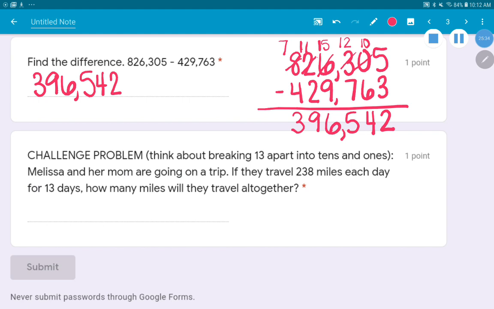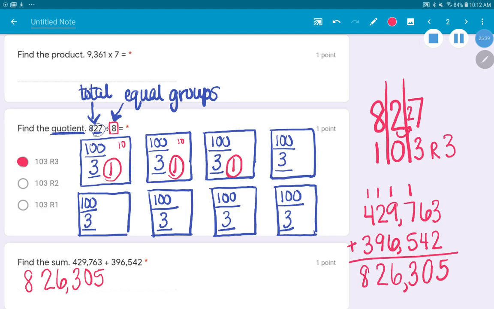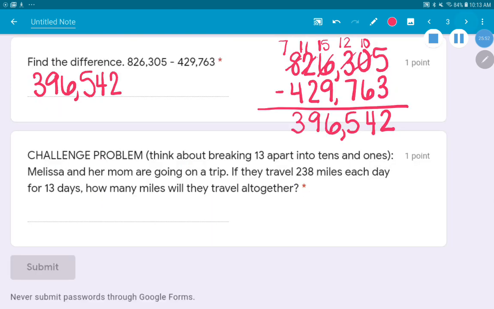I wanted to see if anybody noticed the relationship between this problem, where your answer was 826,305 after adding these two parts, and the subtraction, where you had the total and you were taking one of the parts away. Did you really have to solve that one if you noticed? No, because you already knew what the other part was. Okay, yeah, good. I was hoping someone would notice that.